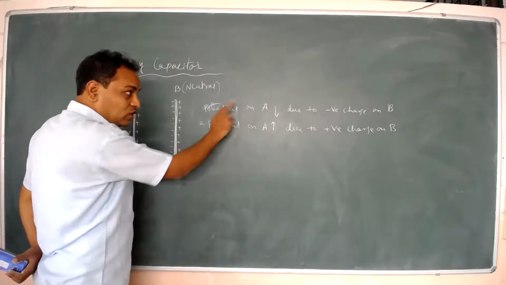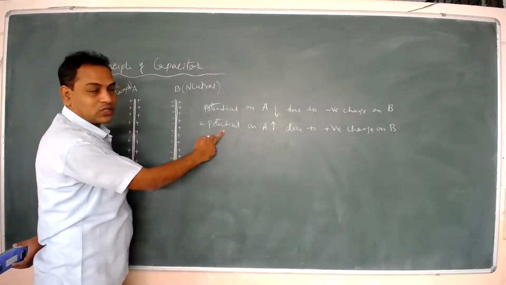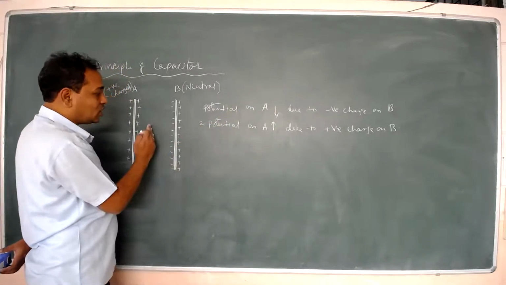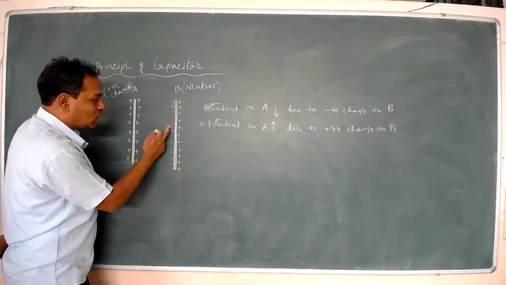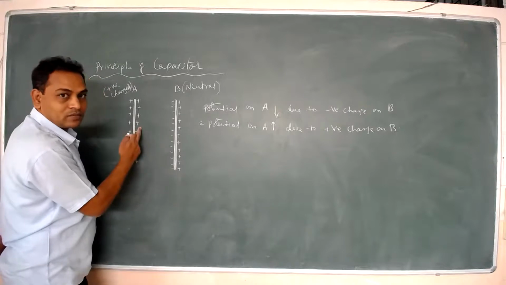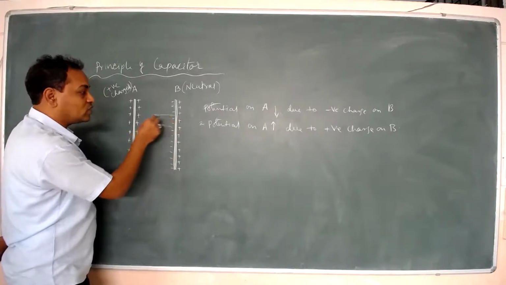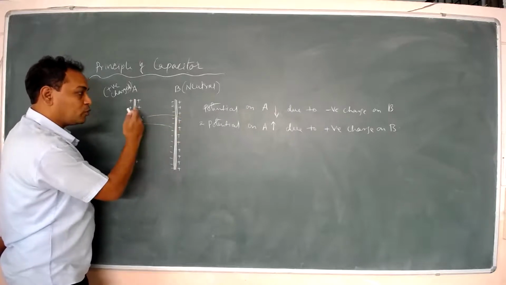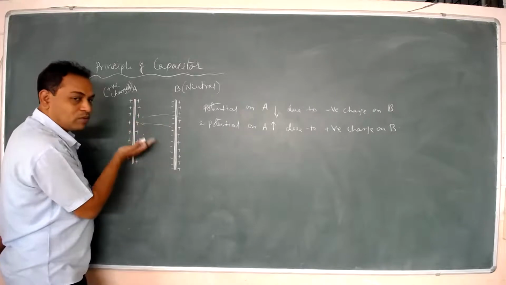Finally, which effect will be more, the decreasing potential or the increasing potential? I can say the decreasing potential is more. Why? Because the negative charge is nearer to the conductor, so its effect will be more. So the increasing potential will be less, whereas the decreasing potential will be more.